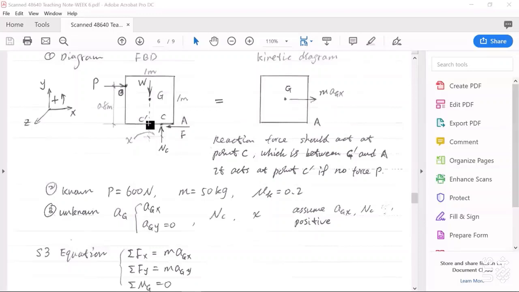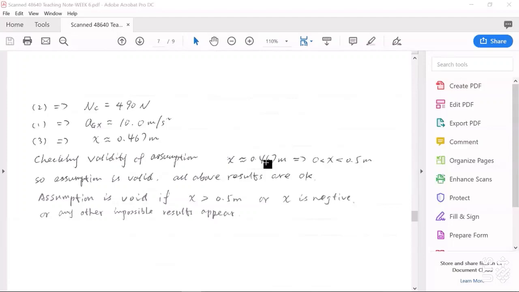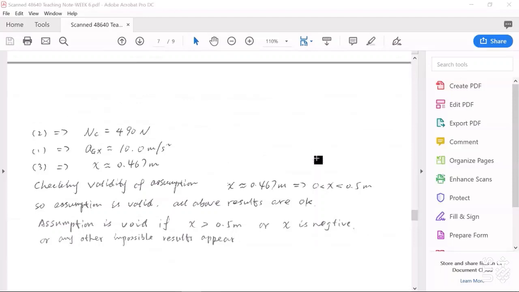So this means from C prime to A should be 0.5. And X is the distance from C prime to C. It's 0.467 meter. So this is in the range. So this means the answer should be correct. The assumption is valid.